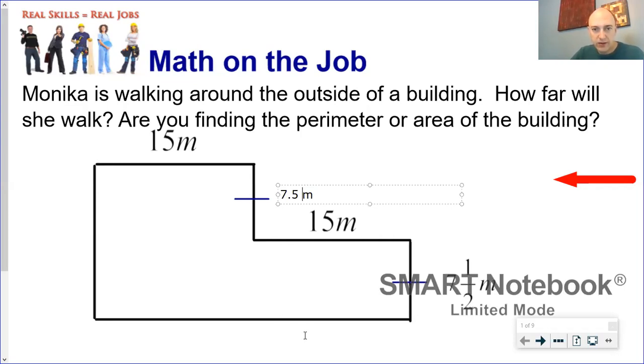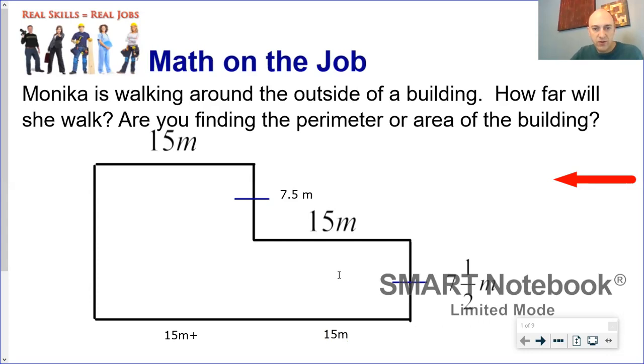What's this bottom length going to be? Well, notice this 15 up here. It's going to be matched by 15 meters along the bottom here. And this 15 up here is going to be matched by 15 meters along the bottom here. So this is covering it up. And then, of course, those get added together for this full distance along the bottom.